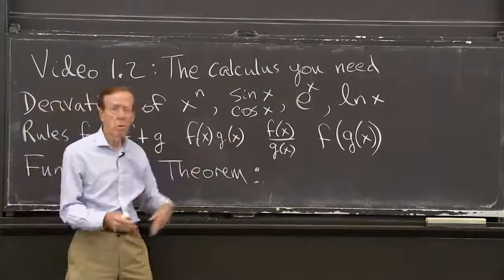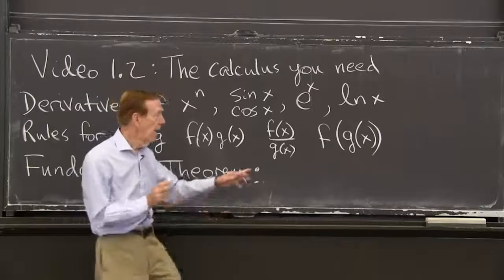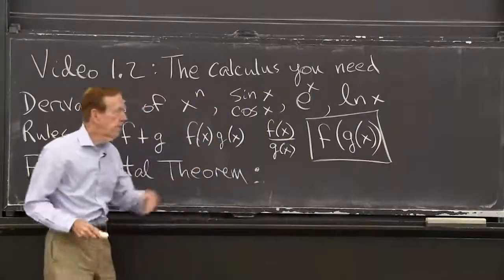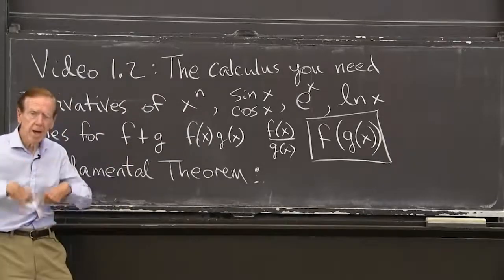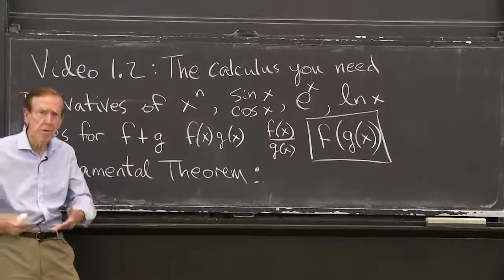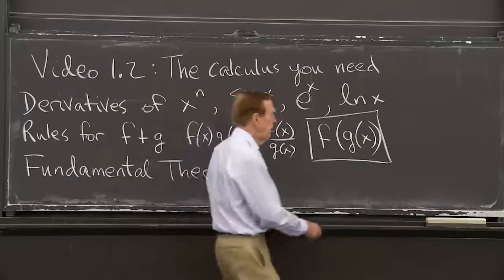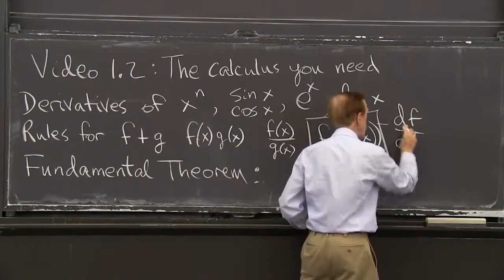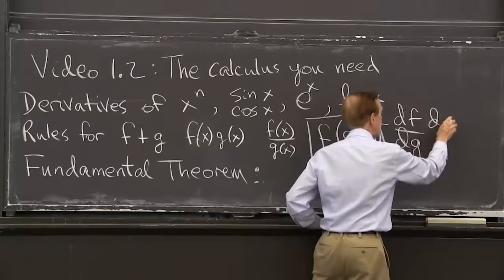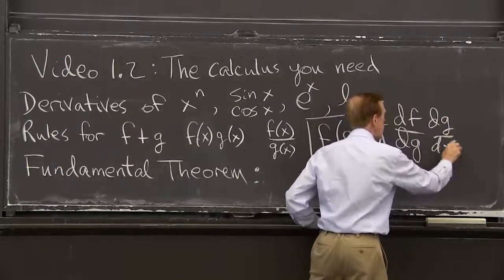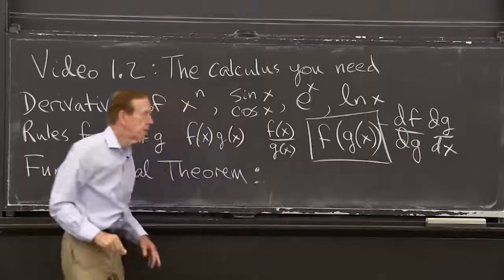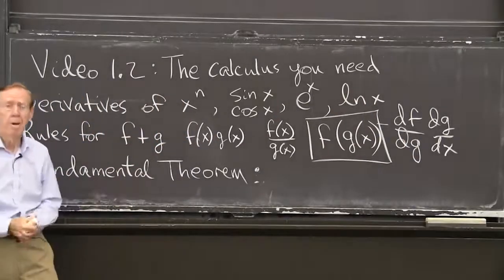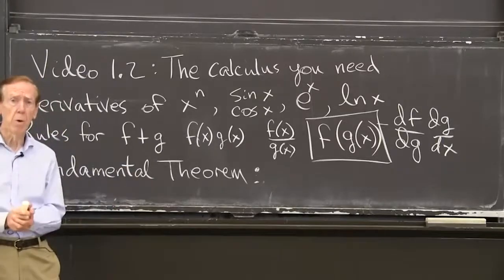The quotient rule, who can remember that? And above all, the chain rule. The derivative of that chain of functions, that composite function, is the derivative of f with respect to g times the derivative of g with respect to x. That's really it's chains of functions that really blow open the functions that we can deal with.